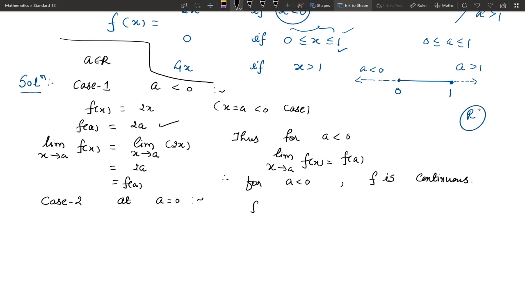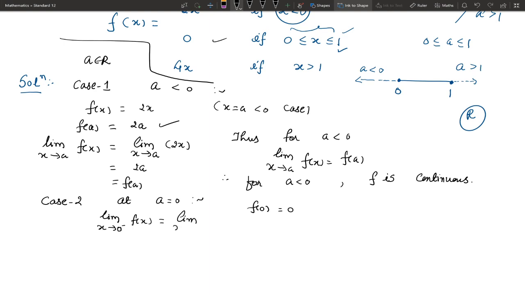So f of 0, from the definition you can observe, f of 0 is 0. Limit x tends to 0 minus, f of x, that is the left hand limit.